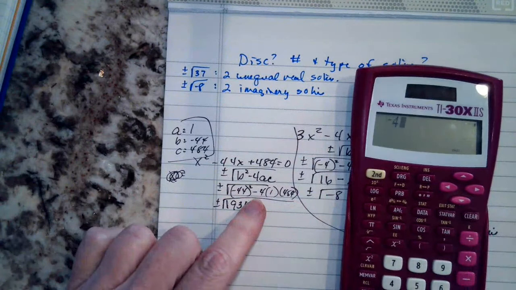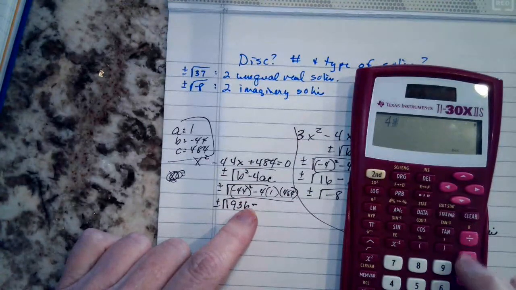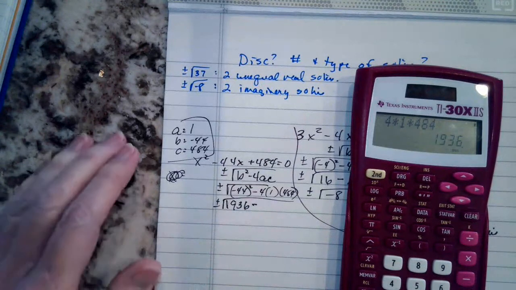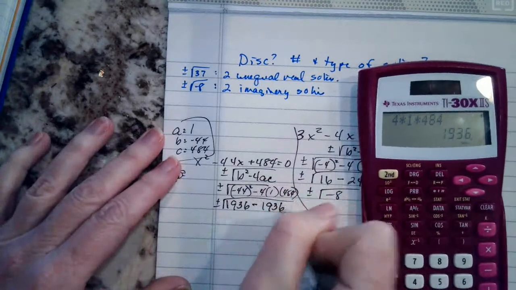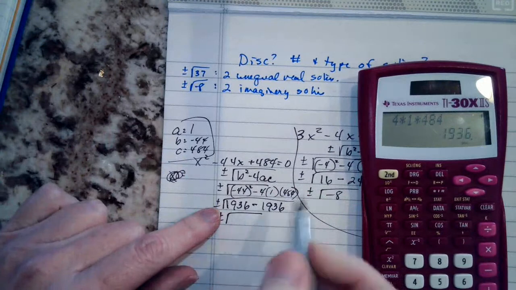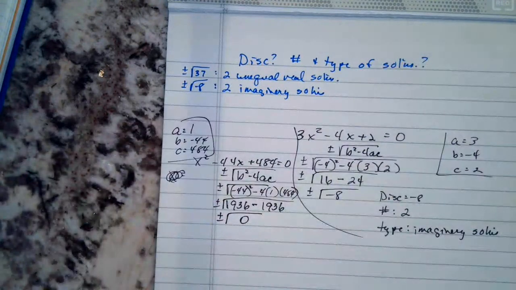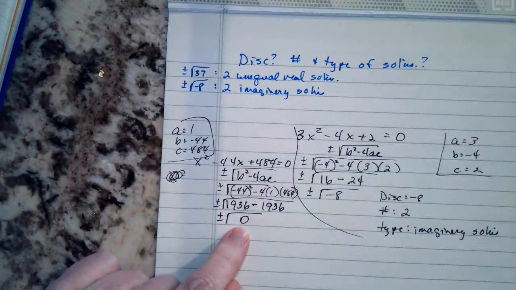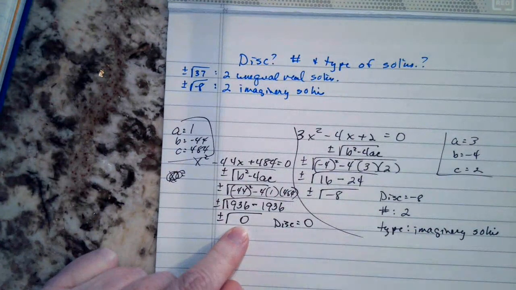So 4 times 1 times 484 gives us 1936. So we get 1936 minus 1936 is 0. So the discriminant here, when they're asking you for the discriminant, is 0.